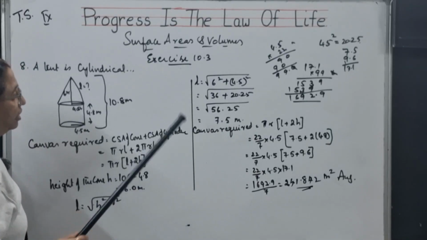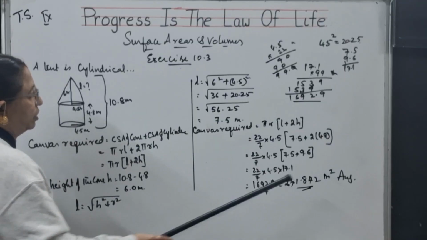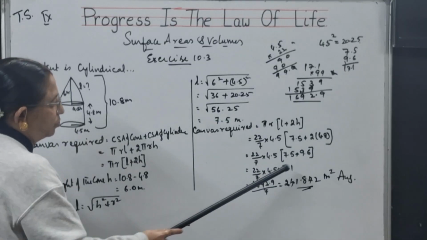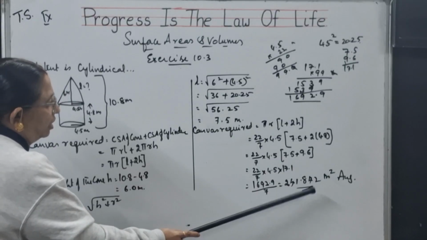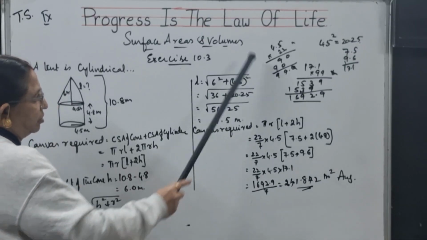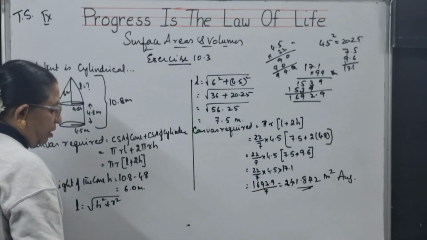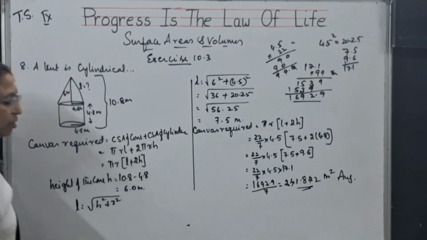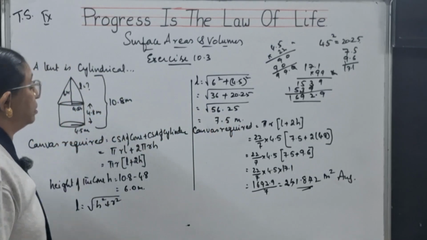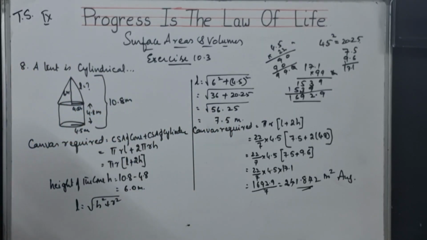Here H is the height of the cylinder, that is 4.8, they have already given. So on substitution of those values and on calculation I have got 241.842 square meters. Calculations are here, children. If you want, you can go through it. So please understand it and do the sum.